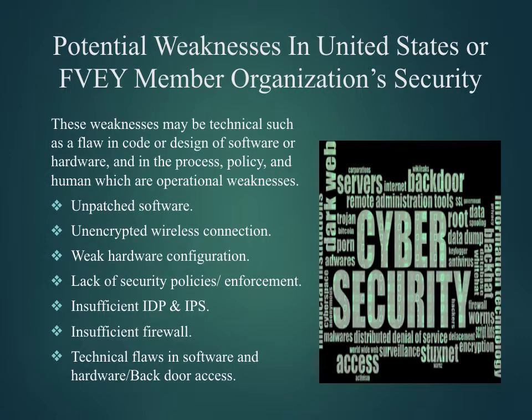The weaknesses include unpatched software, unencrypted wireless connections, weak hardware configurations, the lack of security policies and the enforcement of the same, insufficient IDS and IPS protocol, insufficient firewall, or possible technical flaws in software and hardware creating backdoor access to the network systems.